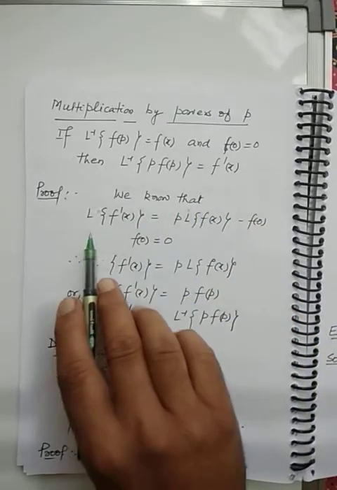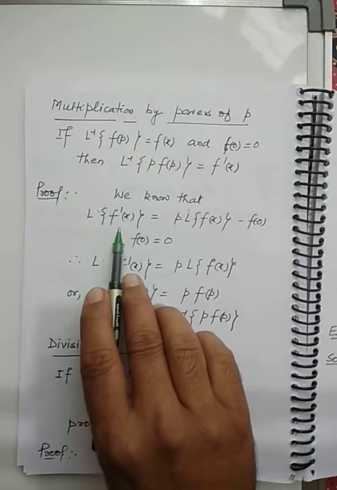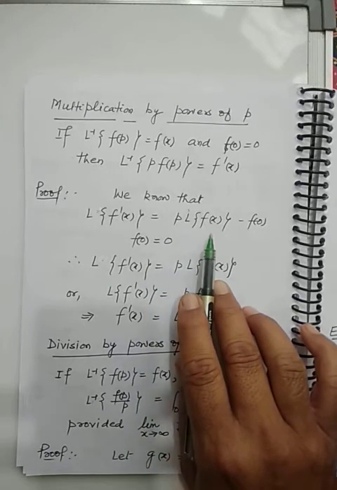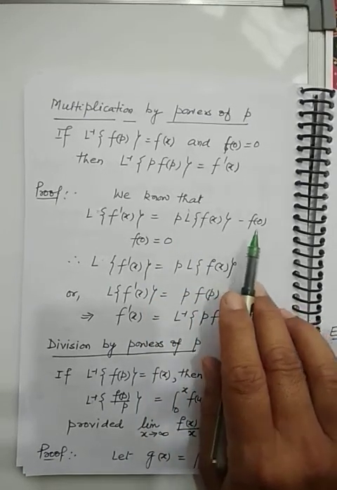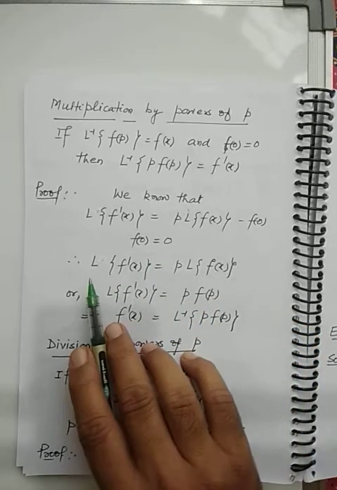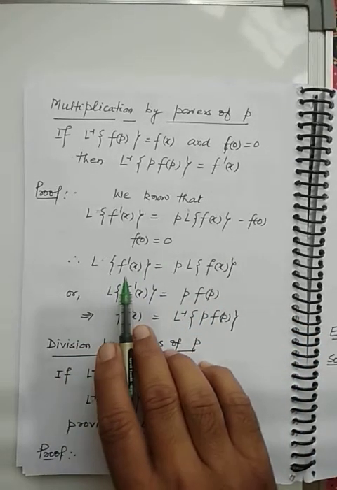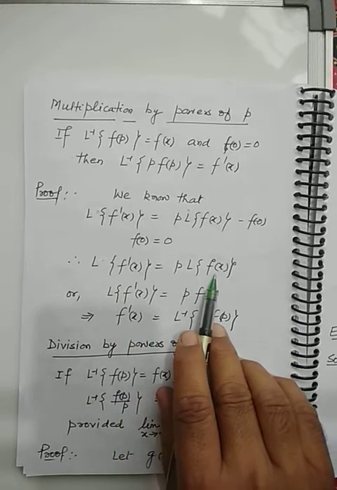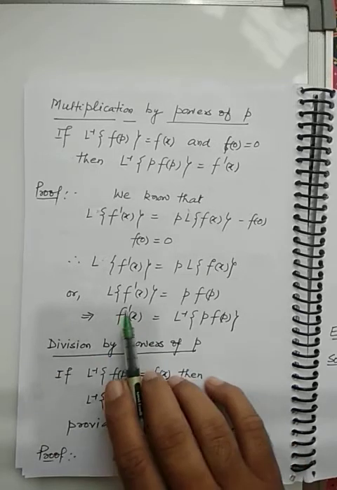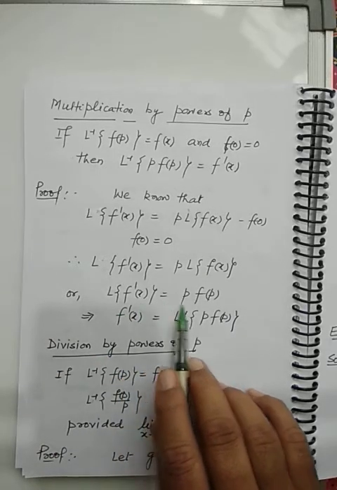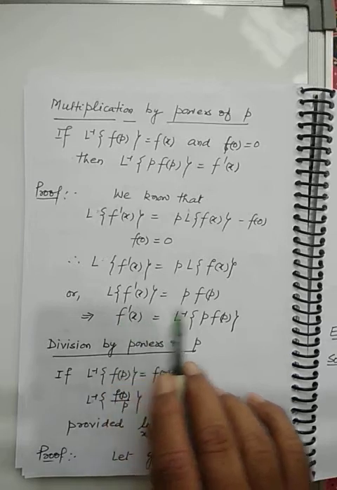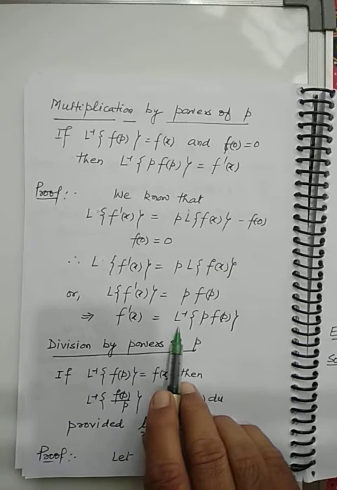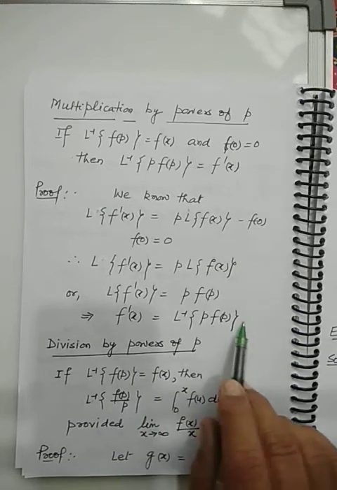We know that Laplace transform of the first derivative of f(x) is p times Laplace transform of f(x) minus f(0). Here f(0) is equal to 0, therefore Laplace transform of f'(x) will be equal to p times Laplace transform of f(x), or Laplace transform of f'(x) is equal to p F(p).